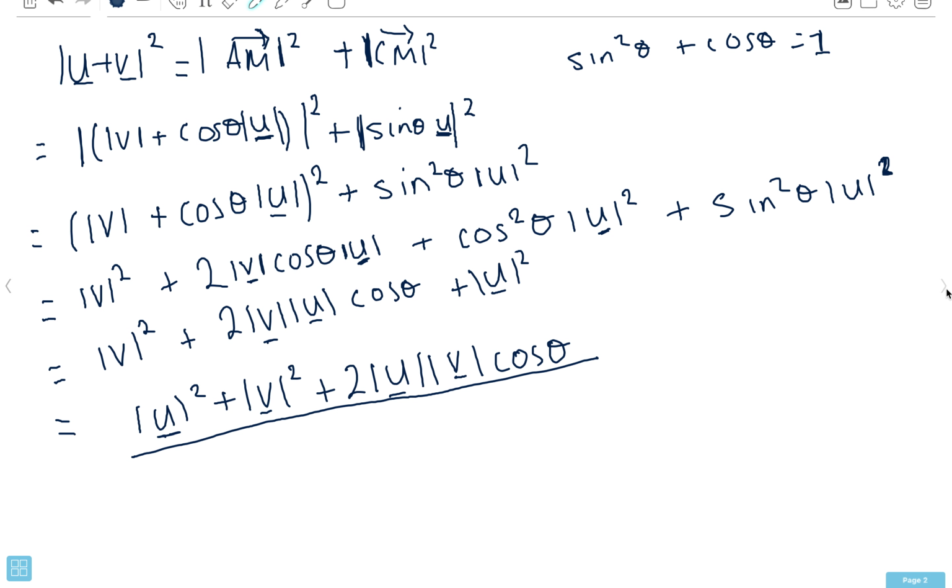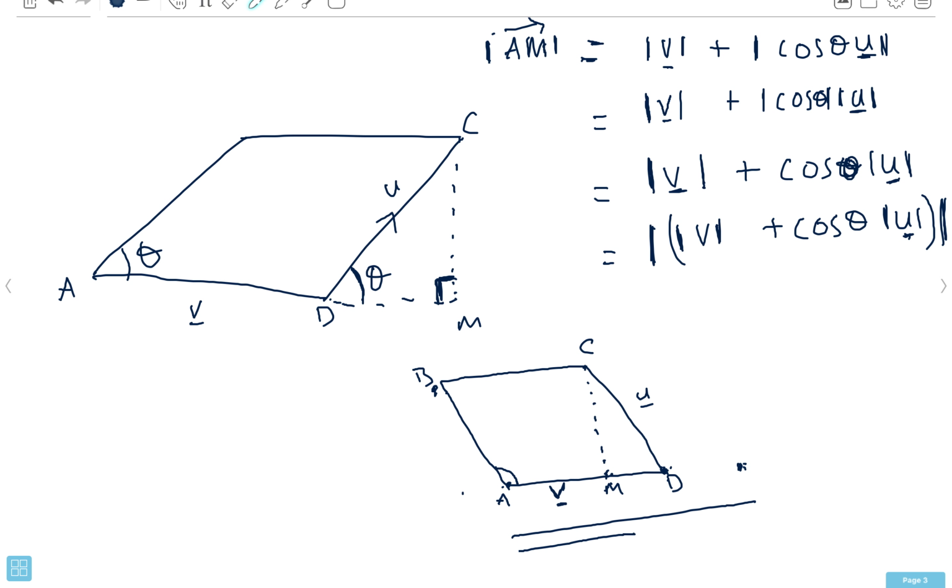So let's go on to calculating it the second way. The second way is a tiny bit easier. Actually, it's a lot easier. So our second way of calculating mod u plus v squared is using the coordinates. So u plus v is just u1 plus v1, u2 plus v2.